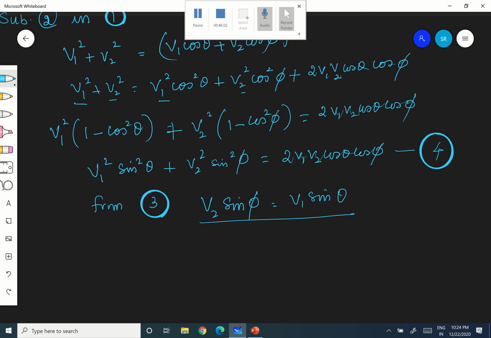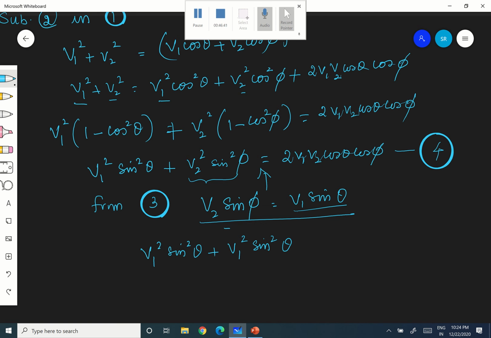Therefore, you will be getting, see, on substituting, v1 squared sin squared theta plus v2 sin phi, v2 sin phi is equal to v1 sin theta only. Therefore, here it is v1 squared sin squared theta, because v2 sin phi is equal to v1 sin theta.